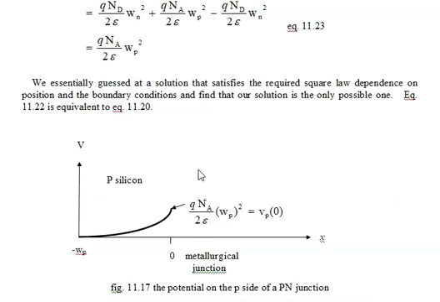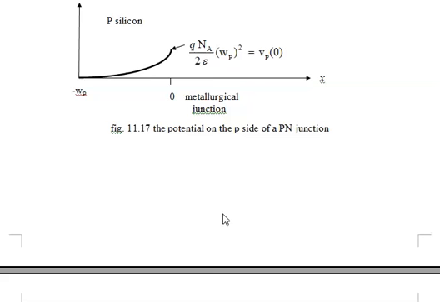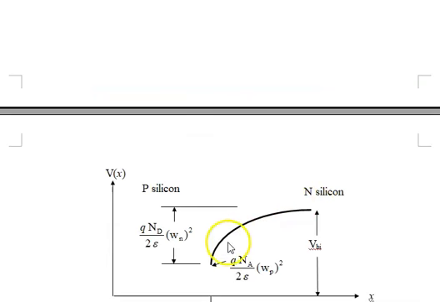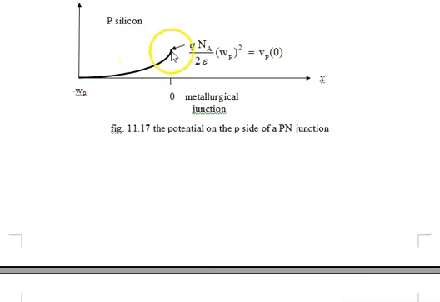Okay. And here we see the voltage, again, not the energy. The voltage on the P side goes up, so that at the metallurgical junction, we have this value right here. And on the N side, it goes down. Notice that it does not start at 0. Where does it start? It starts from here.